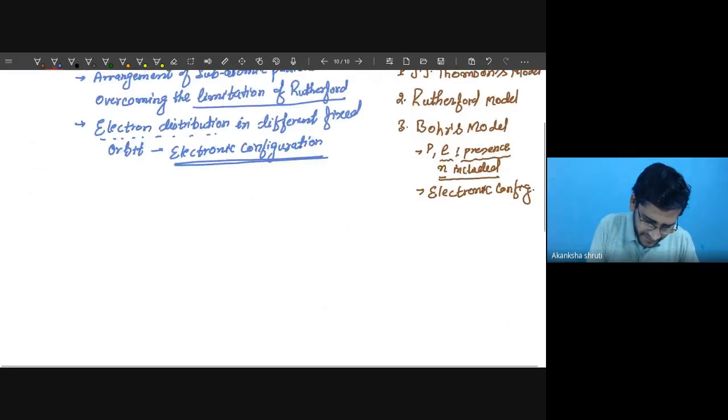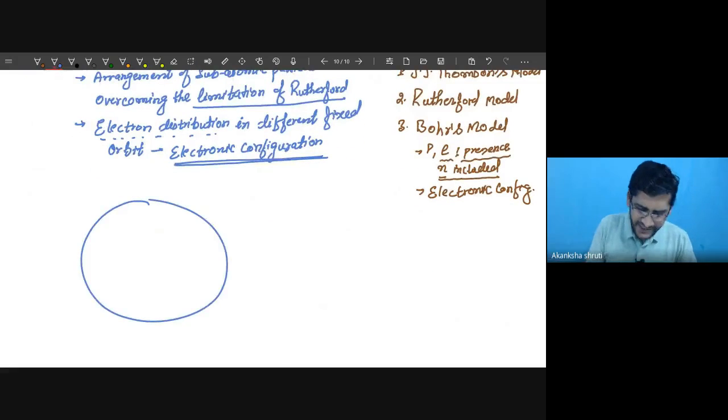Students, we had learned that if we consider this as an atom, meaning this is the size of the atom, then the center of this atom contains protons, and this center has maximum density and the entire mass is concentrated. So this central region where the entire mass is concentrated and proton is present is called the nucleus. This we had already learned.